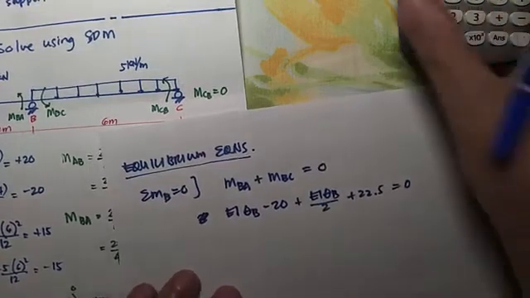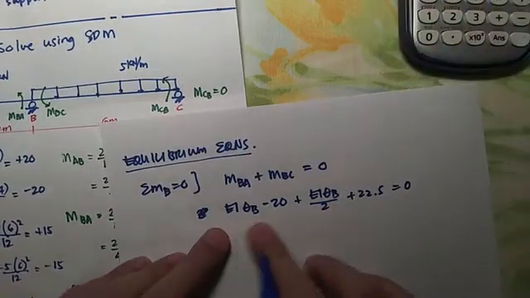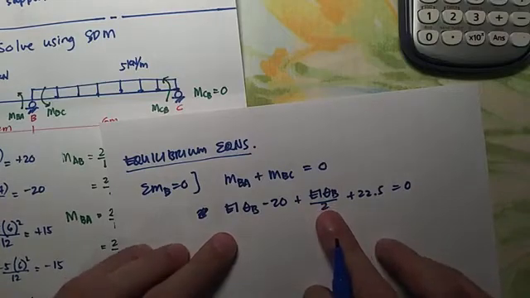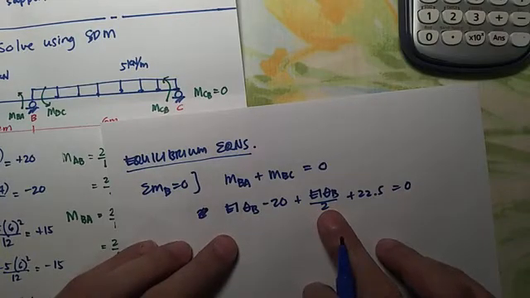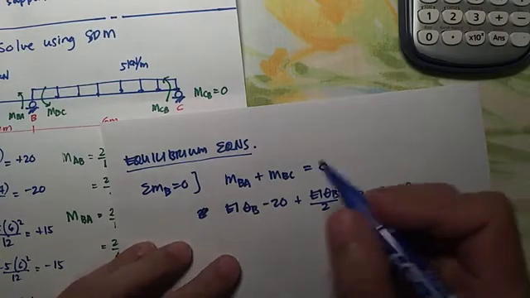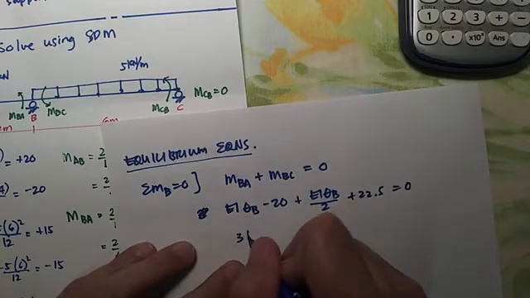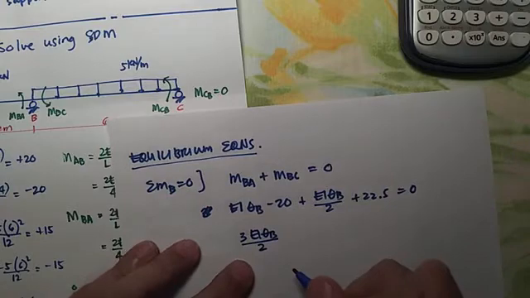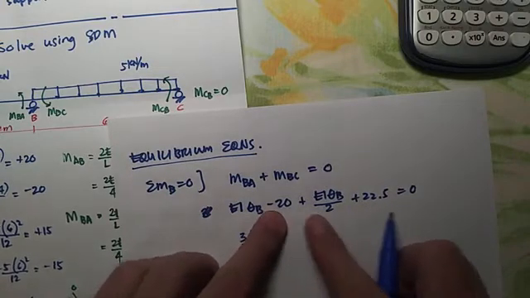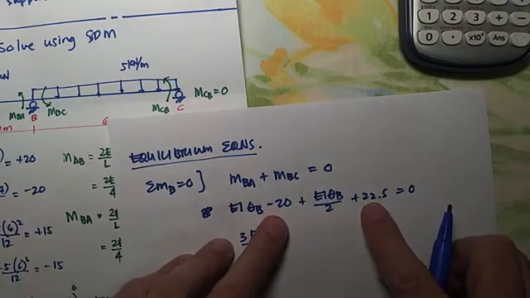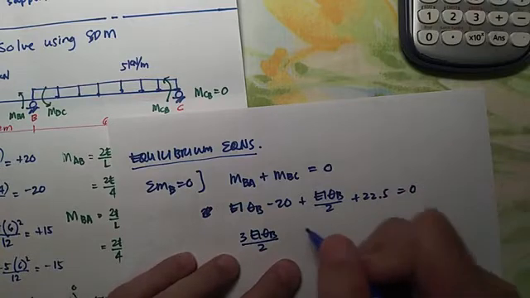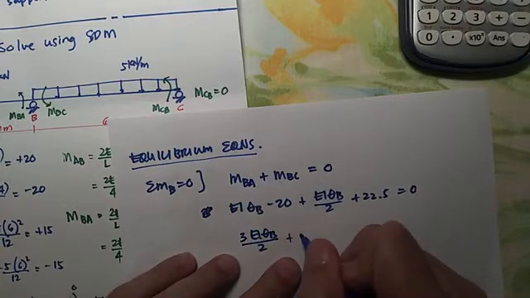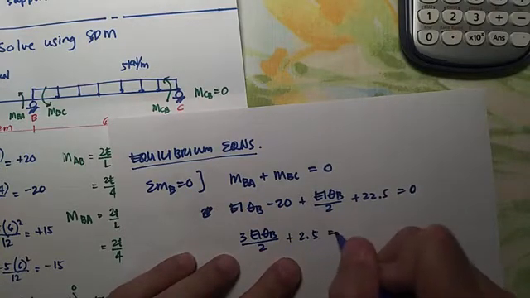Okay, so simplifying this one, so 1 plus 1 half is actually 1 and a half or 3 halves. So we have 3 halves for EI theta B. Then minus 20 plus 22.5 is actually 2.5 equals 0.